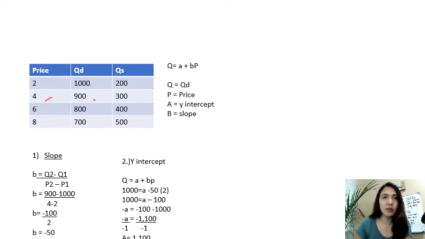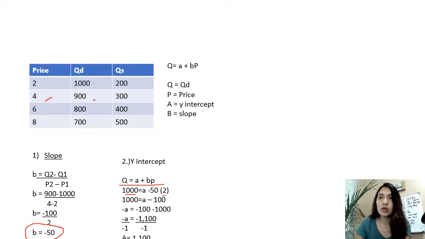The second step, finding your demand function equation, is looking for your y-intercept, which is A. So we go back to Q is equal to A plus BP. We'll just use positive b, and then we reflect the negative sign after we compute for the slope in your demand function, which is negative 50. Okay, so 1000 here. How did we get 1000 and 2?